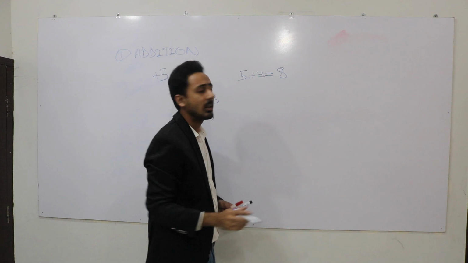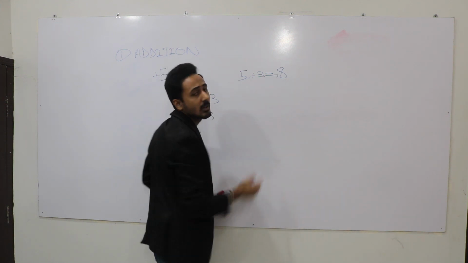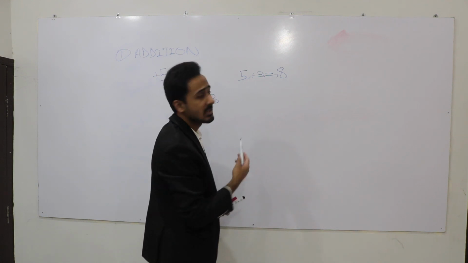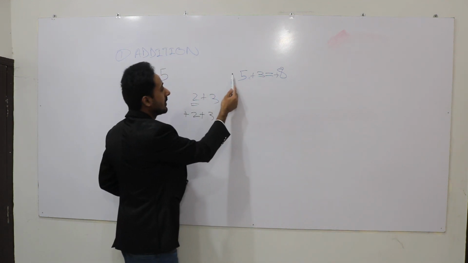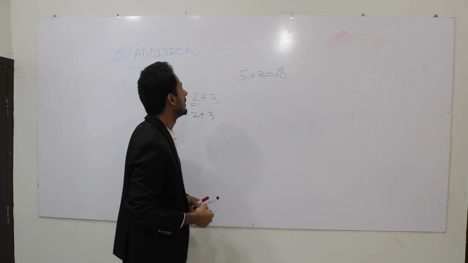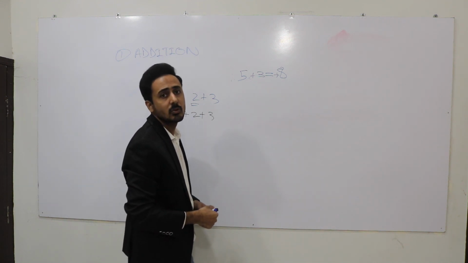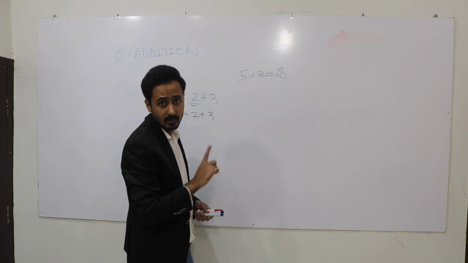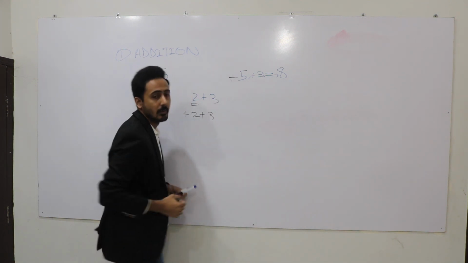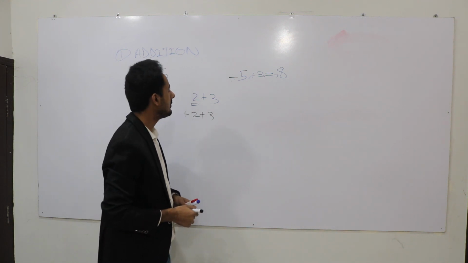We don't need to write positive here also, because it is the first number just after the equality sign. Similarly, the first number starting from the starting of our line, we don't need to use positive sign if it's positive. However, if it's negative, we will use the sign of negative.